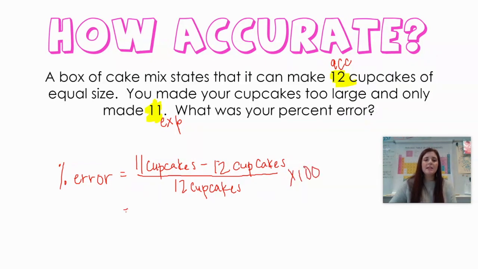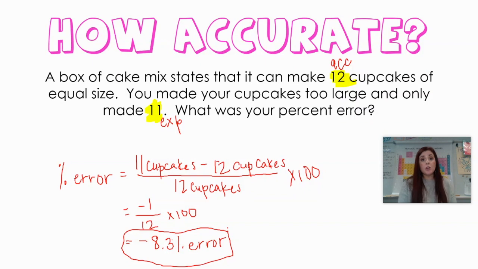The way we would solve this is you want to do the top and then divide it by the bottom. So 11 minus 12 is going to give me -1. And I'm going to divide that by 12, and I'm going to multiply that by 100. And when I get that answer, I should find that I have about -8.3% error.